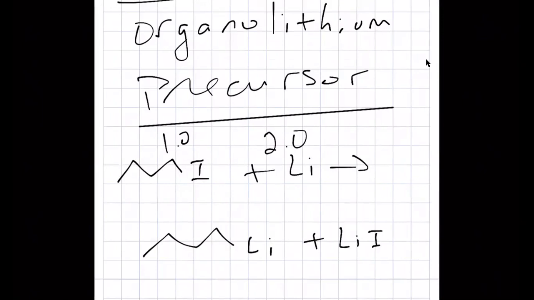All right, questions? And this is what you're going to react with copper to make your Gilman reagent. Wait, why did you write the numbers on top again? Yeah, so that's just the ratio. So it's 2 parts lithium and 1 part alkyl halide.